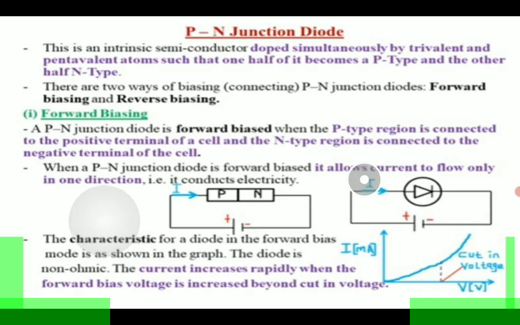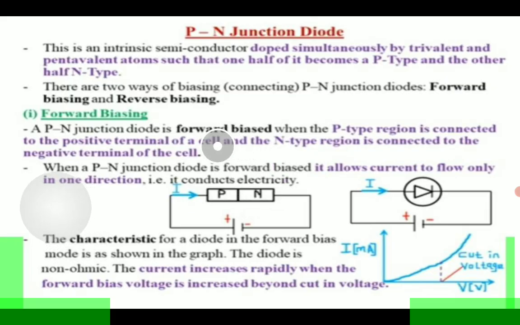Such a connection is called forward bias. So in a forward bias mode, the diode is going to allow current to flow through it only in one direction. Remember that when you reverse the terminals, let's say you bring the N end to the positive terminal and the P end to the negative, it is not going to conduct. So P to positive, N to negative.